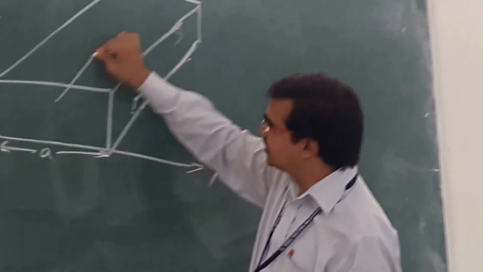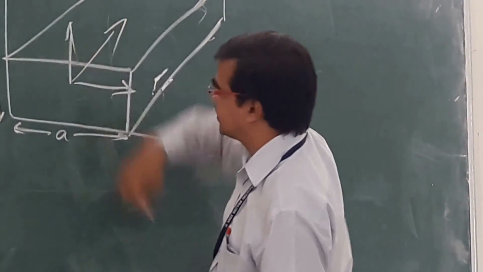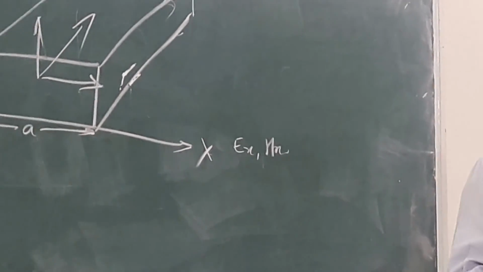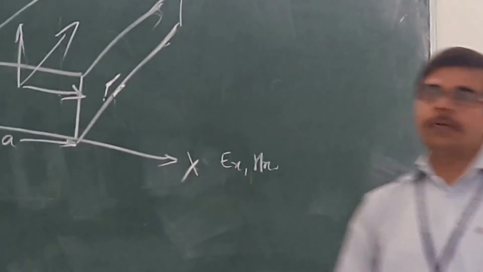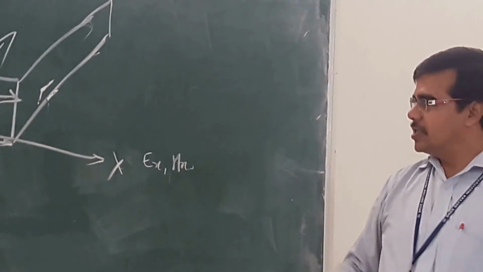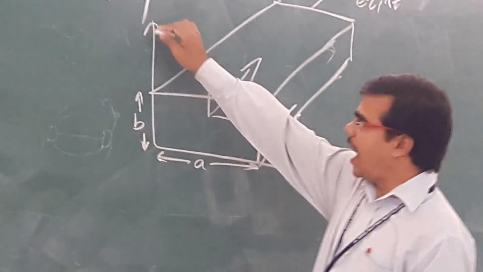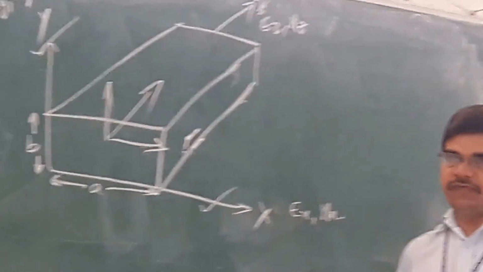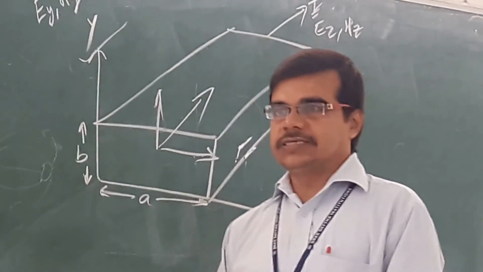Though propagation is taking place along the z-axis, the x-axis and y-axis components also cause some power loss because of the waveguide wall. So this is also one source of loss. Waveguide walls means the tangential electric field and the normal magnetic field, along the x-axis and y-axis, cause some losses.